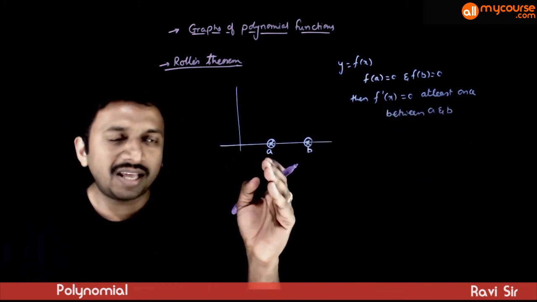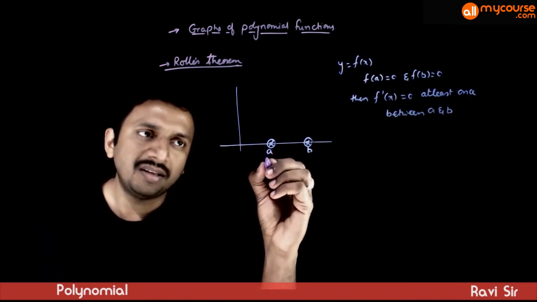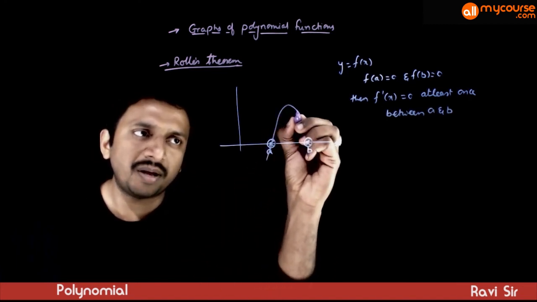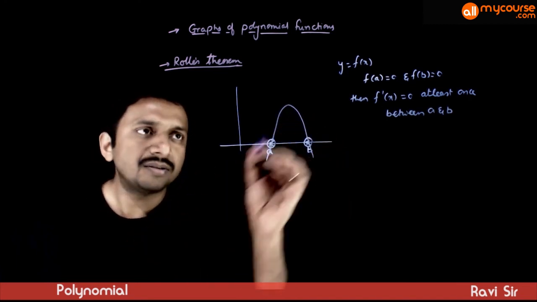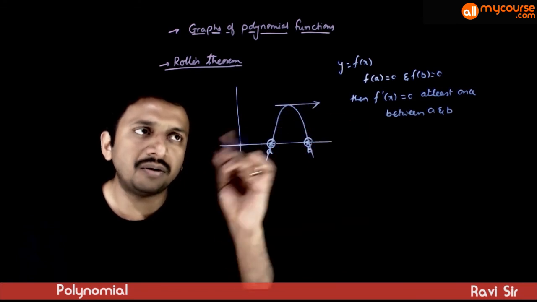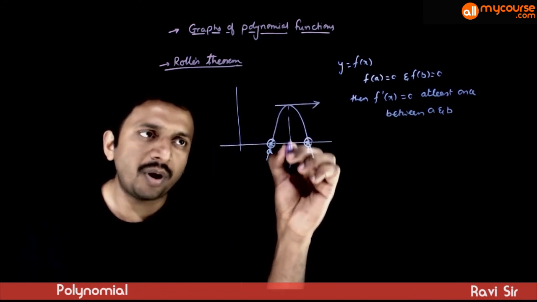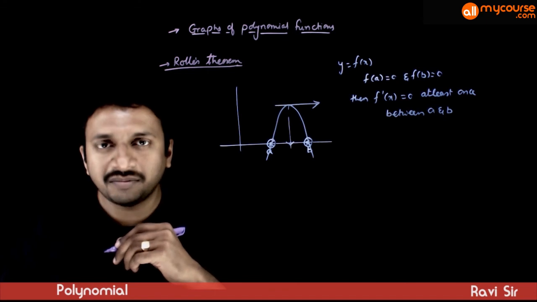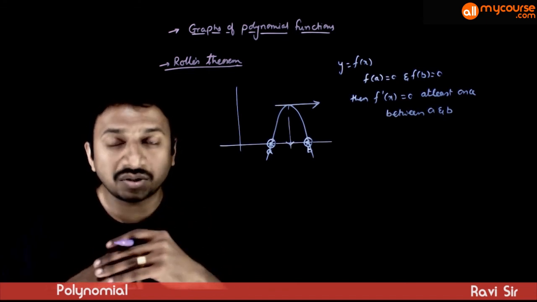That means if you draw the graph between a and b, the graph has to go up and come down, right? So f dash of x will be equal to 0 at least at 1 point somewhere in between a and b. It can be 0 more than once also.